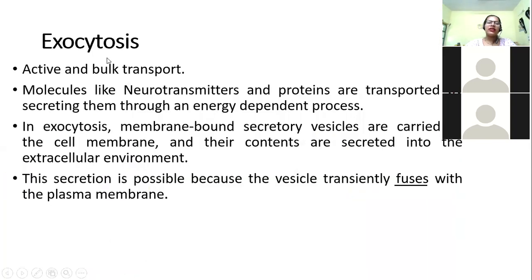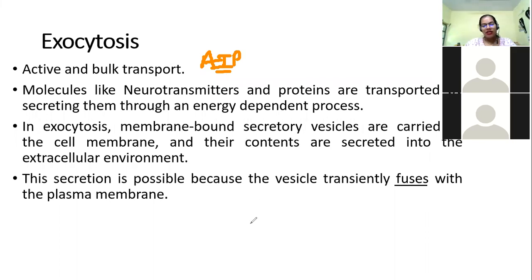We know that exocytosis is a process of active transport. When I say active transport, it means it needs ATP. All the fusion which is taking place happens with the help of ATP hydrolysis.